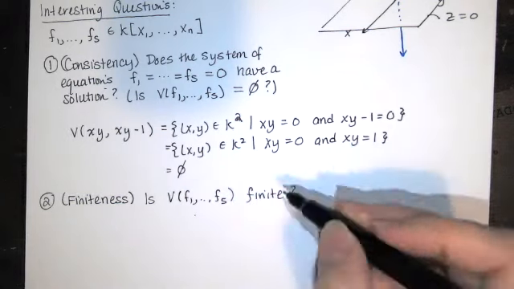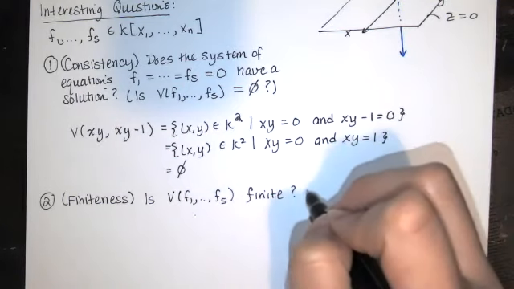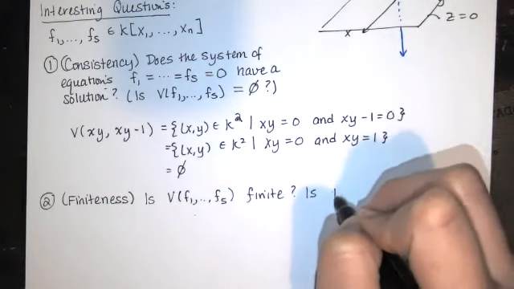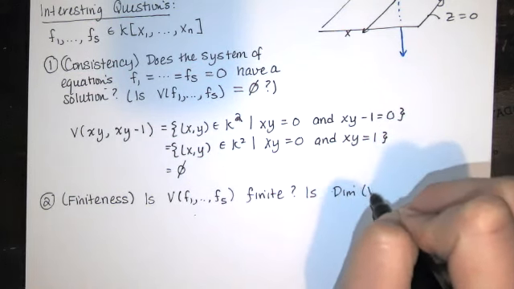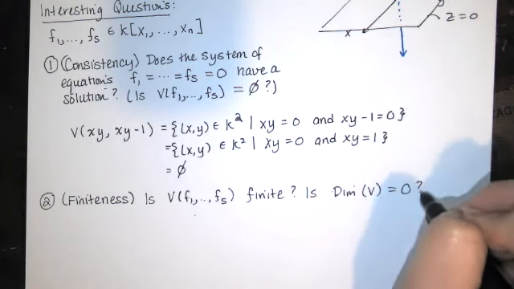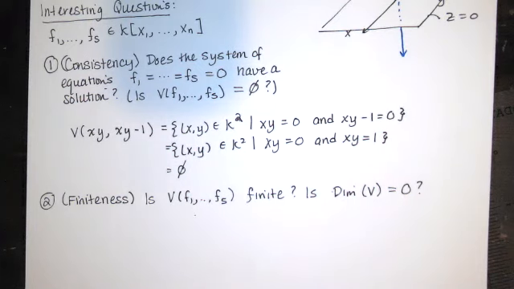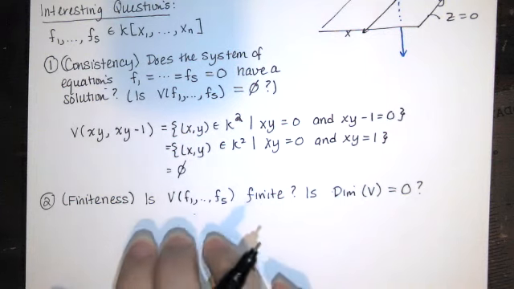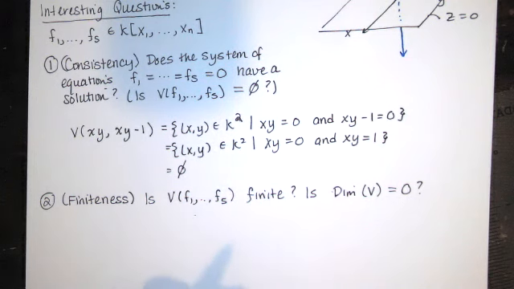When we're asking if the set is finite, that's the same thing as asking, is the dimension of this variety equal to 0? So is there a list of points that we can just write down that will completely describe that affine variety V, the solution of the system of s equations and n unknowns that come from taking these polynomials and setting them equal to 0?